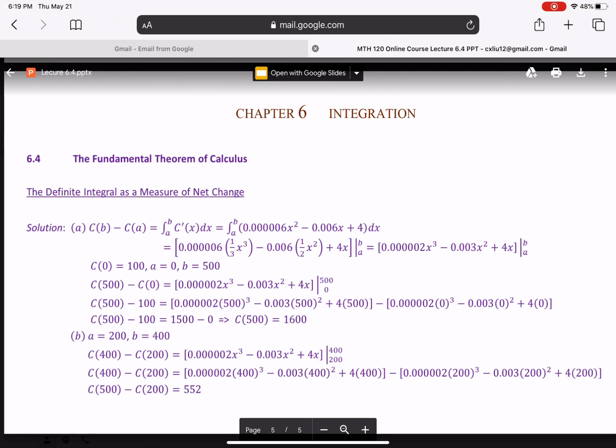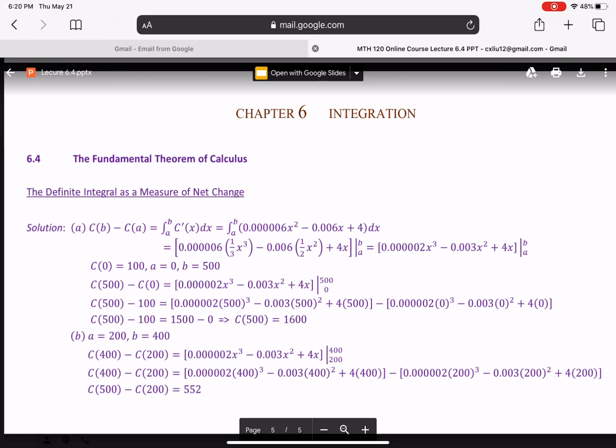So in part A of the question, we just let a equal to 0 and b equals 500. So we get C of 500 minus C of 0 equals 0.000002 times 500 cubed minus 0.003 times 500 squared plus 4 times 500 minus 0.000002 times 0 cubed minus 0.003 times 0 squared plus 4 times 0.